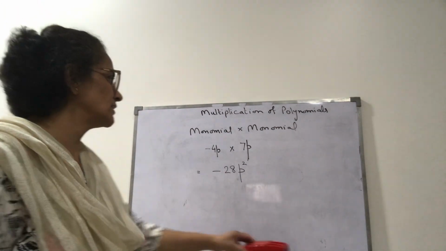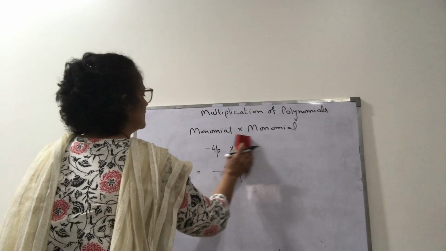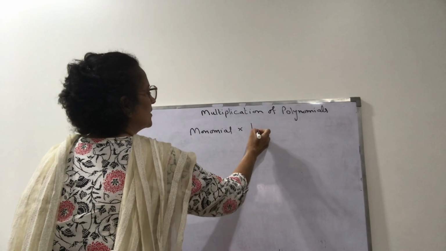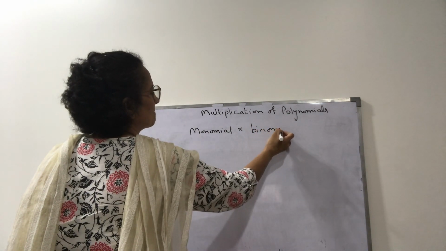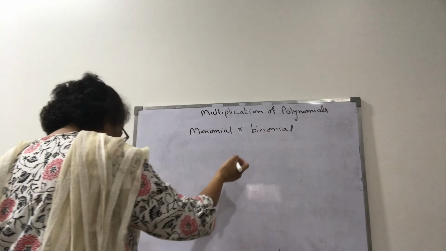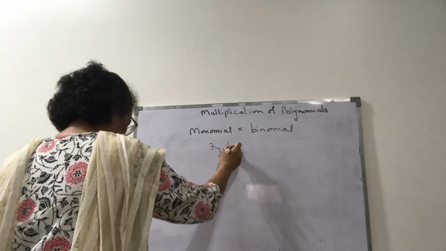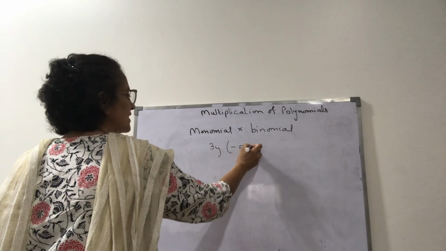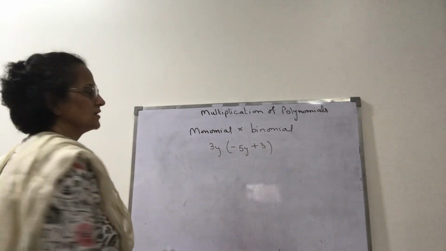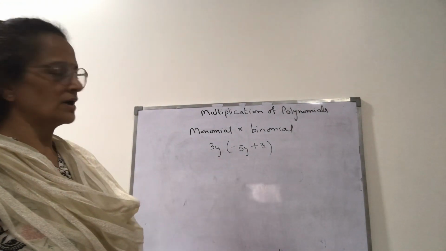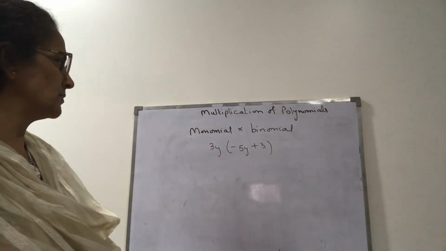Let's now take an example of a monomial multiplied with a binomial. We take 3y multiplied with (minus 5y plus 3). You have done the distributive law also, and you have done earlier how to open the bracket.